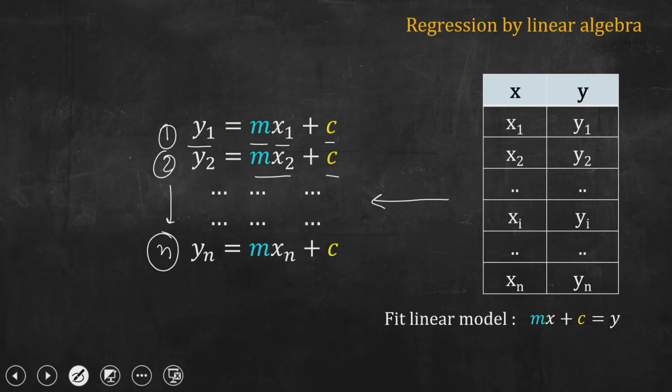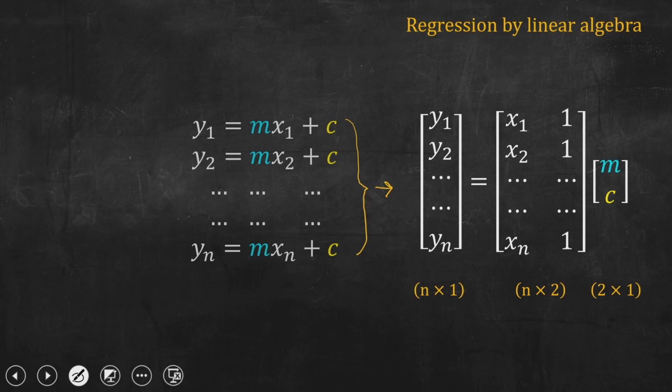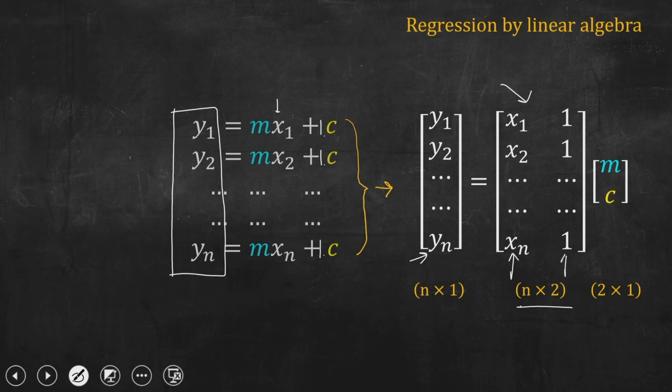So, I will convert this system of equations into vectors and matrices. By taking these y's, I get an n by 1 vector, whereas by taking these x's, and remember c is actually 1 into c, 1 into c, 1 into c, I get an n into 2 matrix, where the first column of the matrix is all the x and the second column is just 1. I multiply that with a vector of m and c, whose dimension is 2 into 1.